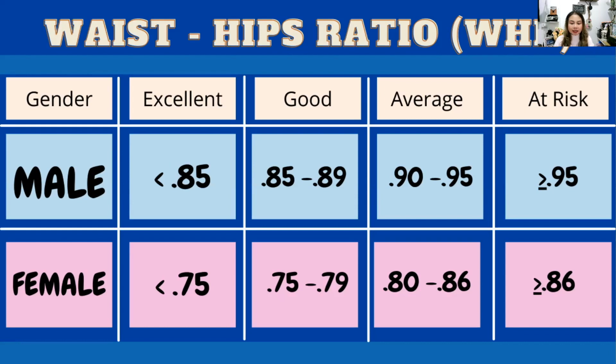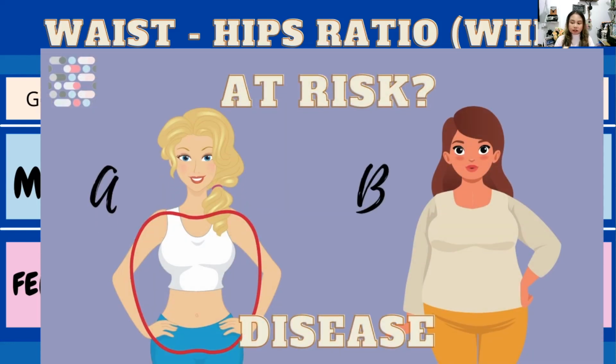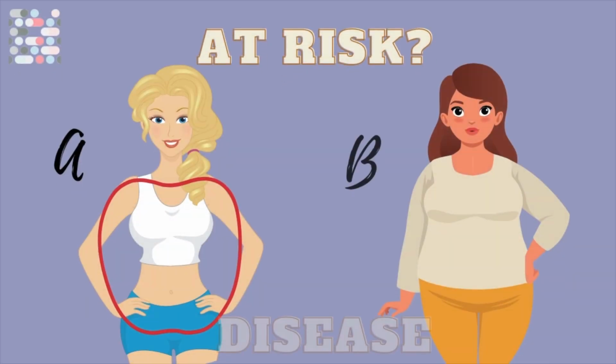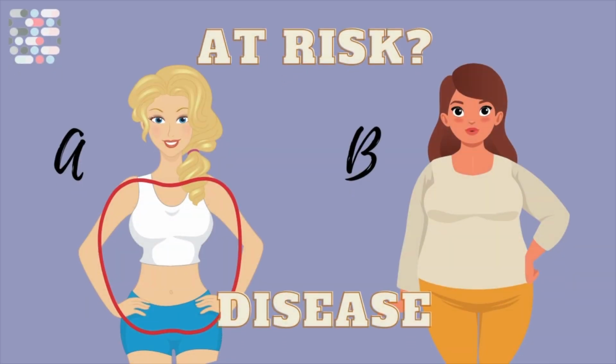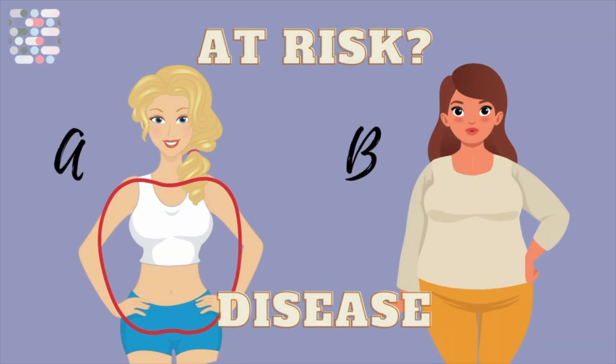Yes, still good. Kasi if you have less than 0.75, that means excellent. Maliit yung waist niya kaysa sa hips. And for those who have 0.80 to 0.86, it's average. At risk, pag nagkakaroon tayo ng more than 0.86, that means malaki po yung tiyan natin and prone tayo sa disease.